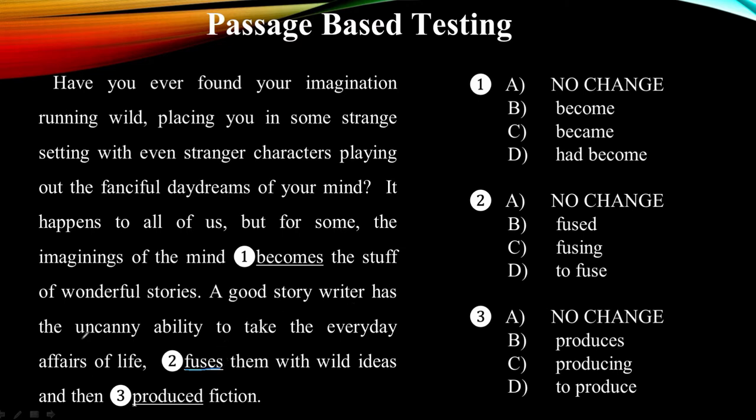A writer has the ability to take, that was the first thing, so this would have to be an infinitive also, to fuse them, and then it's still parallelism, to produce fiction. Let's see if our answers agree with that. The uncanny ability to take the everyday affairs of life, to fuse them with wild ideas, and then to produce. Here we go. That's what you have to do with parallelism.